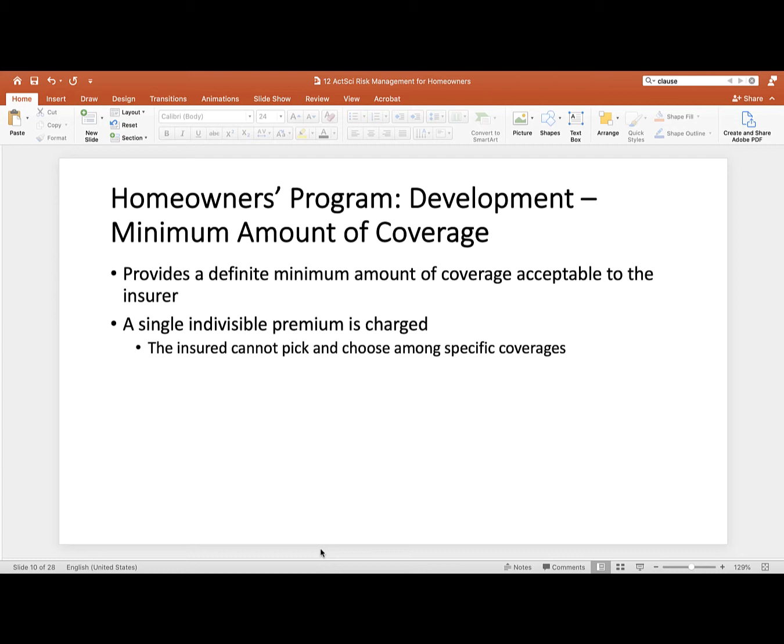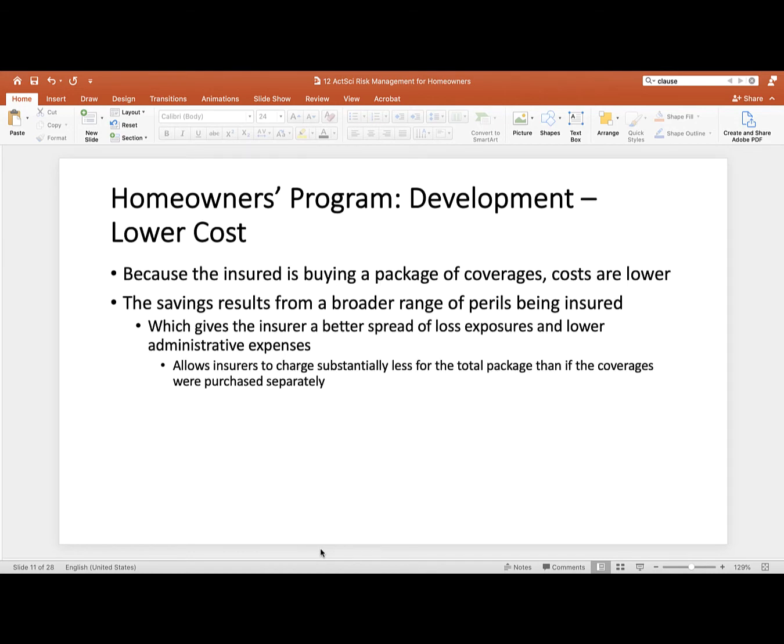So lowering costs. Let's look at lowering costs. Because the insured person buying insurance is buying a package. When you're buying a whole package of policies, you're buying property, liability, and whatever comes within those. Costs are lower than if you purchase individual policies. So you save money through having this bundled policy.